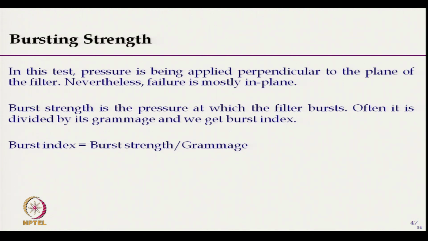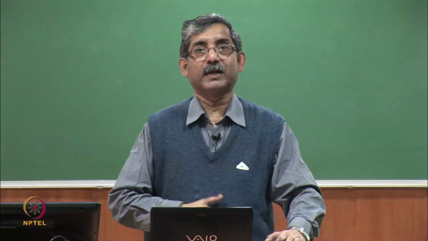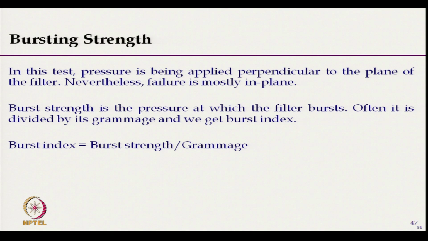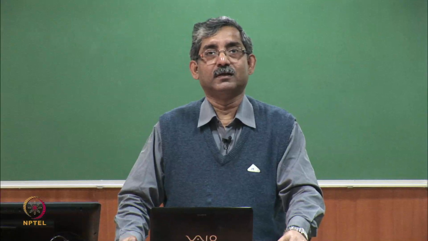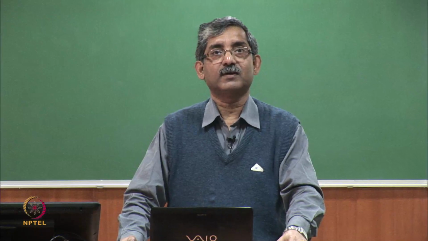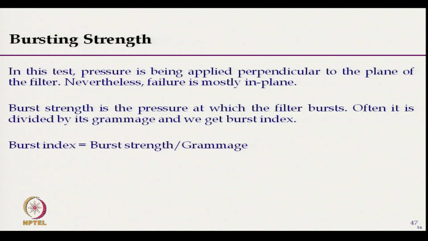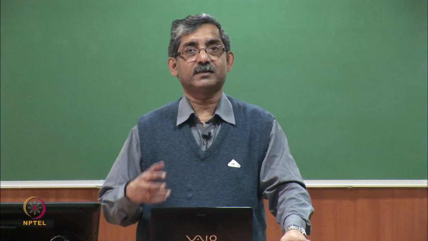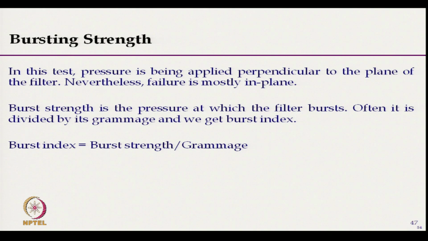Bursting strength is also very important, particularly for filter fabric when the pressure difference, that is pressure drop, is high. So, it is measured based on the diaphragm type bursting strength tester. So, burst index is measured, which is actually bursting strength per unit mass.